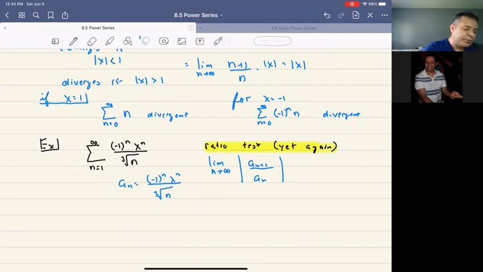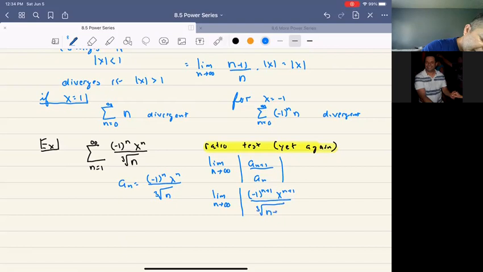Okay, so we're going to get the limit as n goes to infinity of negative 1 to the n plus 1, x to the n plus 1, over the cube root of n plus 1, and then divided by a sub n, so we flip it: cube root of n, over negative 1 to the n, x to the n. A lot of that stuff cancels.